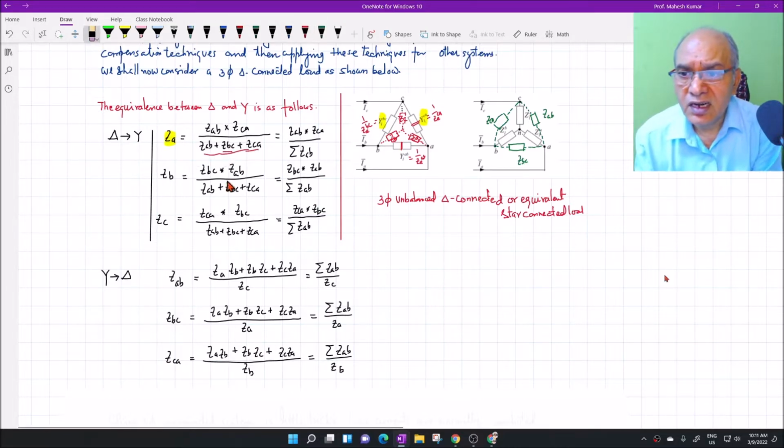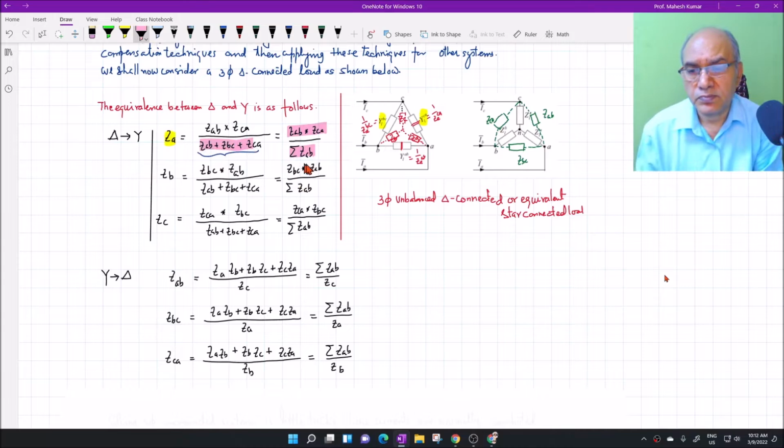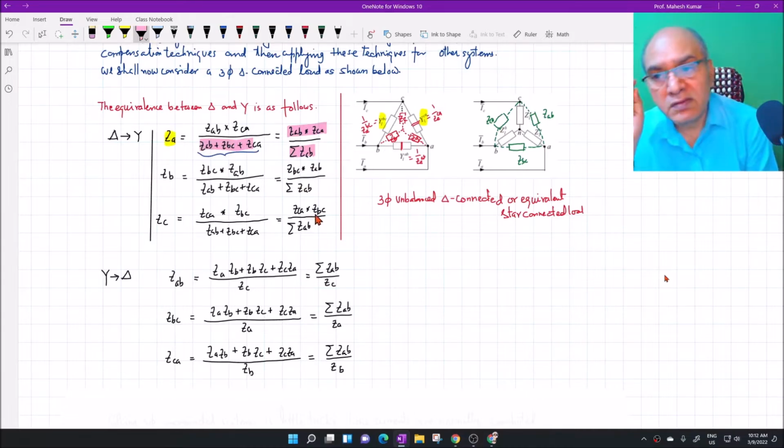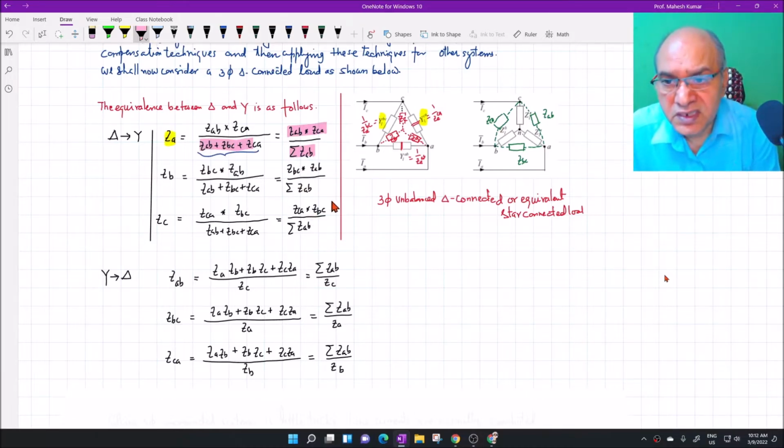These are the summation of the three impedances in the delta connected load. This can also be written as ZA equals ZAB ZCA by sigma ZAB. Sigma ZAB means ZAB plus ZBC plus ZCA.